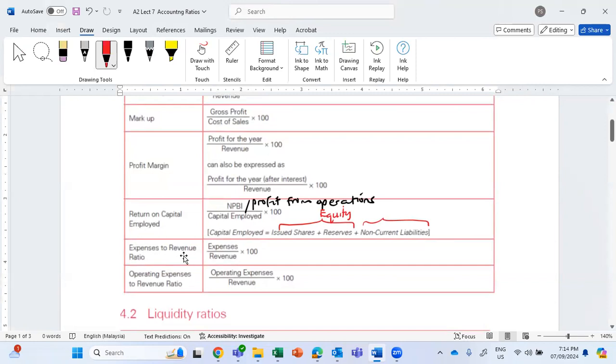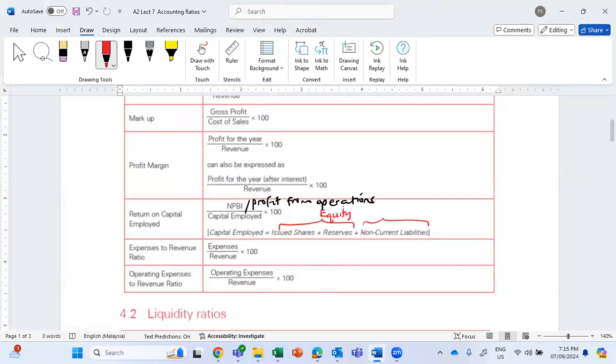Then in AS, we learned expenses to revenue ratio. So this is the formula, total expenses divide total revenue times 100%. Okay. And then operating expense to revenue ratio, right? So here, operating expense means excluding finance costs. Here it's including finance costs, expense to revenue ratio. Okay.